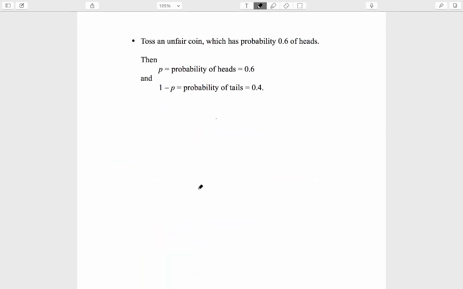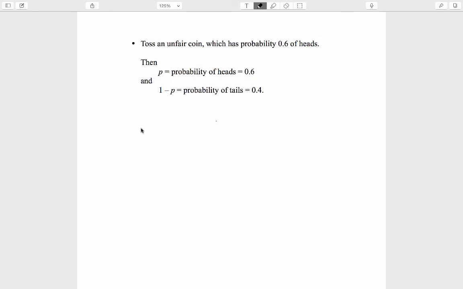Another example that's very useful to think of as a model is to toss an unfair coin, which, for example, has a probability 0.6 of heads. Now here, this language of success and failure is less obvious. There are actually many examples where there's no clear notion of one possibility being a success and the other possibility being a failure. That's actually not a problem.